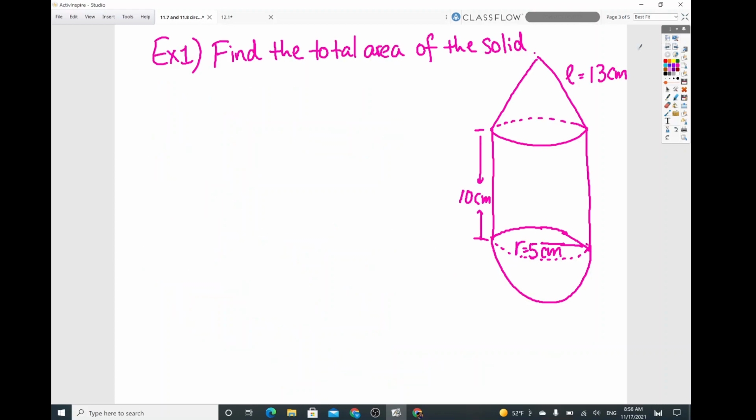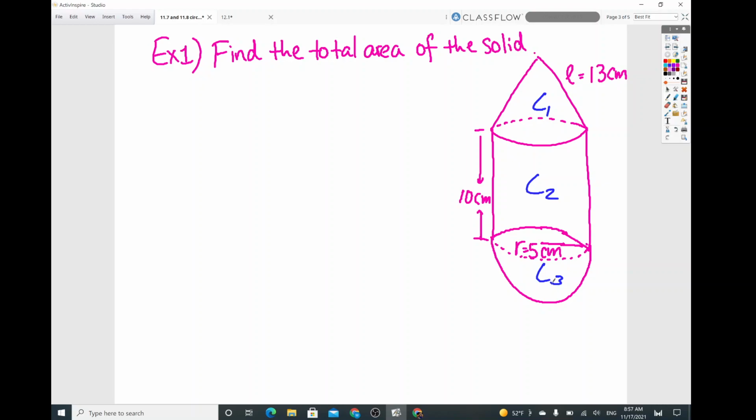Okay, so now let's take a look at the example. Find the total area of the solid. This one is generated by the lateral area of the cone, the lateral area of the cylinder, and the lateral area of the hemisphere.